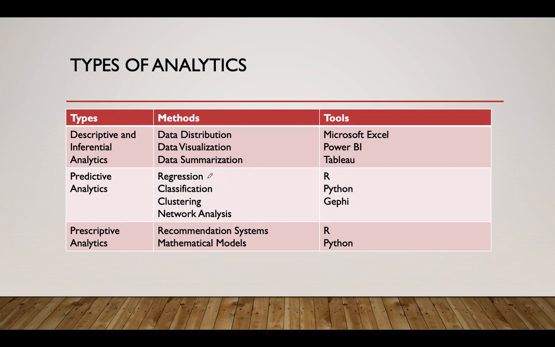Similarly, for predictive analytics, we see regression, classification, clustering, network analysis. When we talk about prescribing, it is talking about what we prescribe for the next going forward, that is recommender systems or mathematical models.